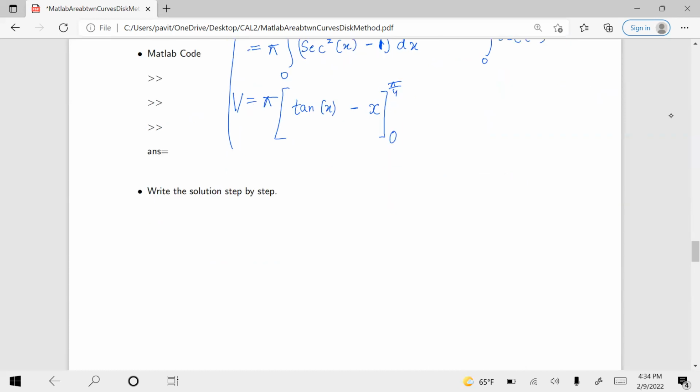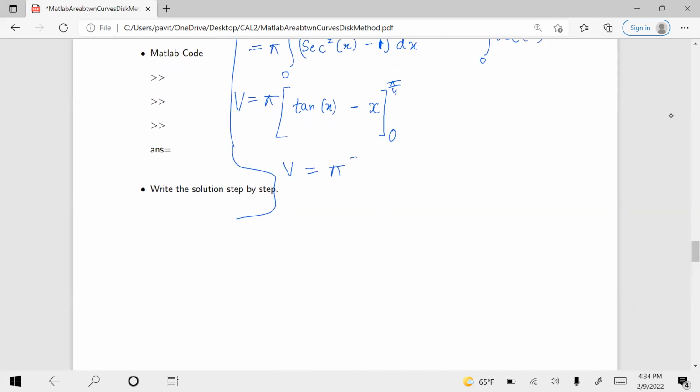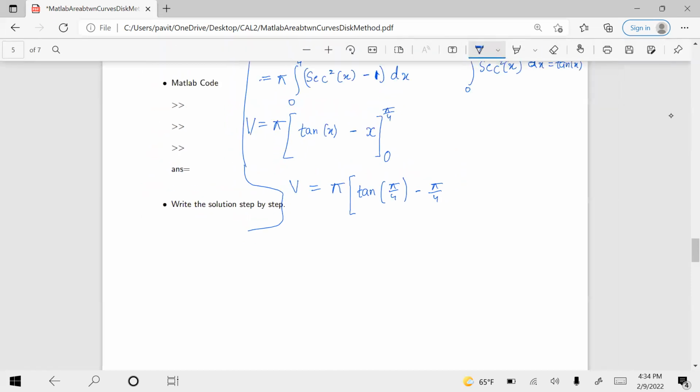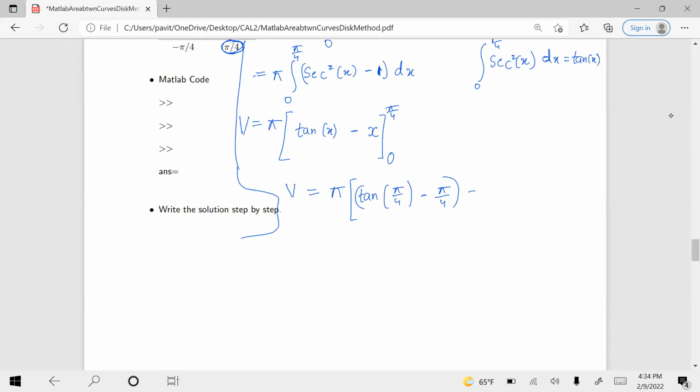I will also simplify, but you can do it on your end without seeing my calculations so that you have practice. So first thing is upper limit, tan pi by 4 minus pi by 4, upper limit minus lower limit, that is tan of 0.